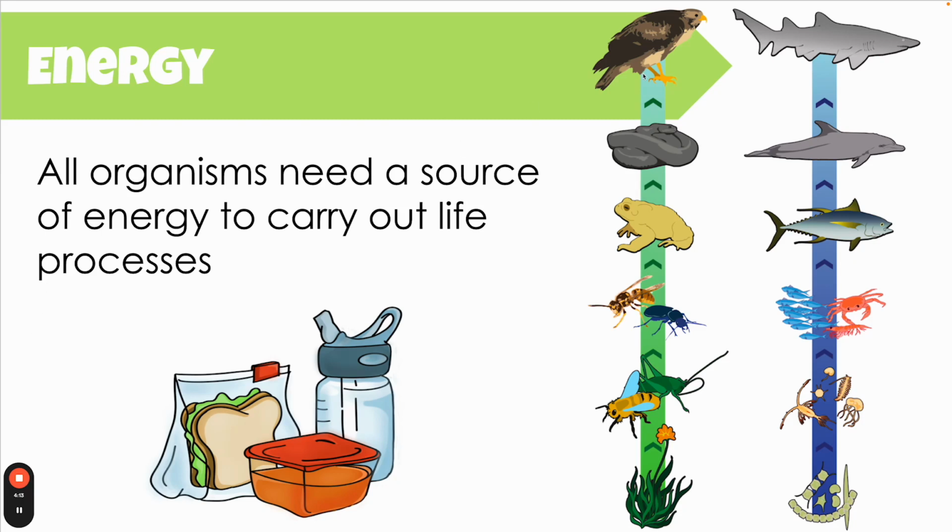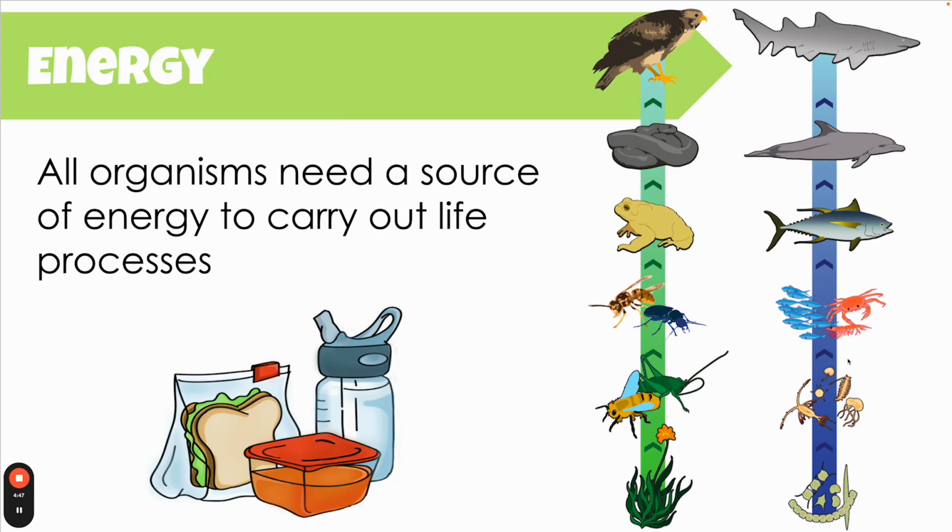So in this terrestrial food chain where we have a plant at the bottom, the plant gets its energy from the sun and converts it into sugar via the process of photosynthesis, and the energy from that plant is then going to be transferred up to little insects like grasshoppers that consume the plant. And then the energy of the grasshopper will get transferred up to this wasp as the wasp consumes these smaller insects, and so on. The energy will just be continually passed up the food chain.